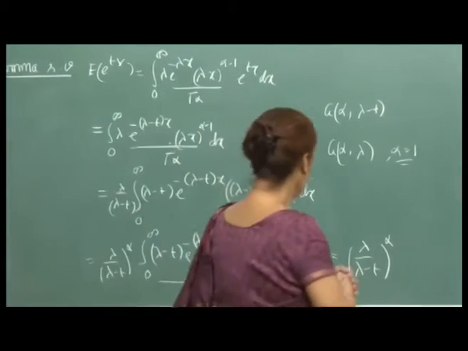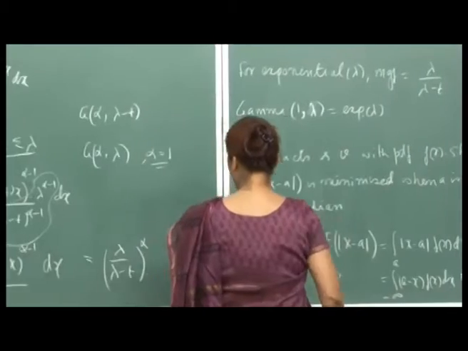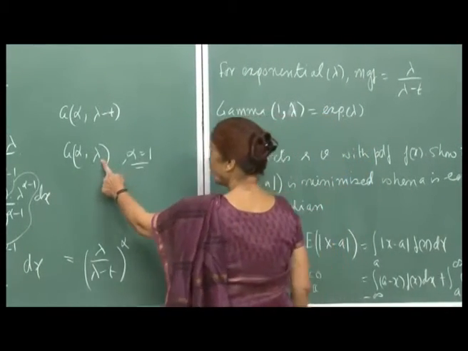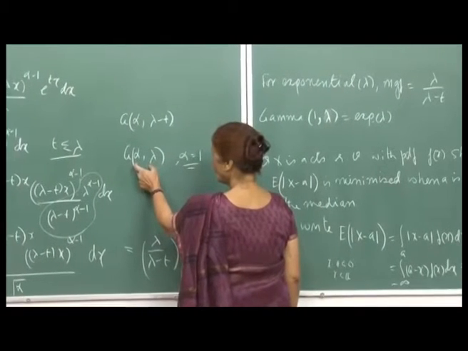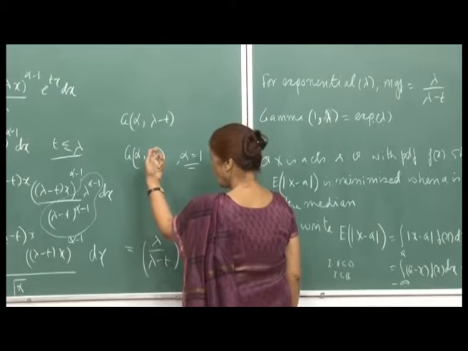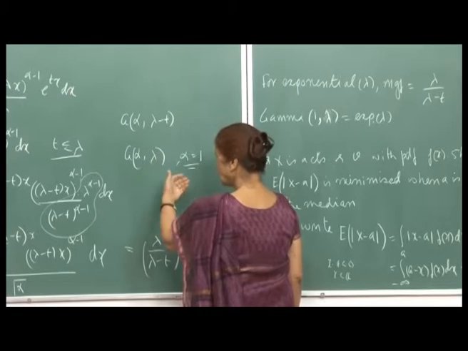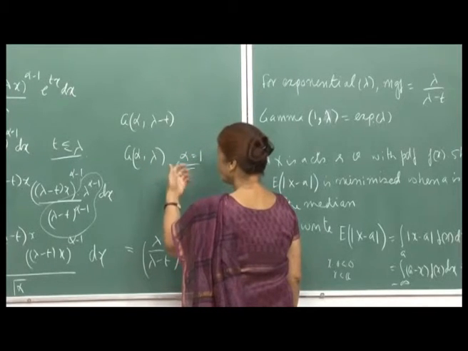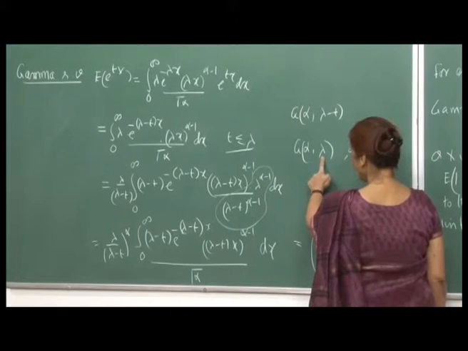So here you see, applying that iteratively, it turns out that gamma alpha lambda is actually the sum of independent exponentially distributed random variables, each with parameter lambda.